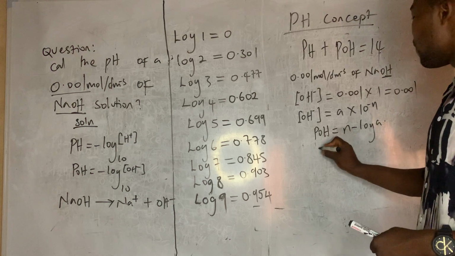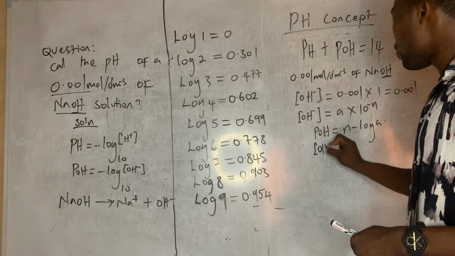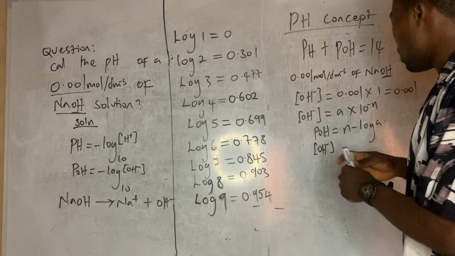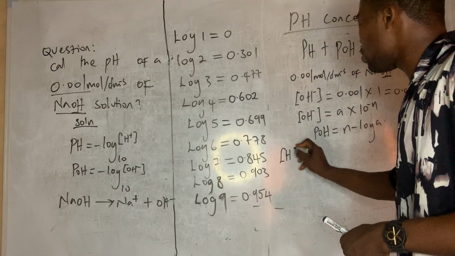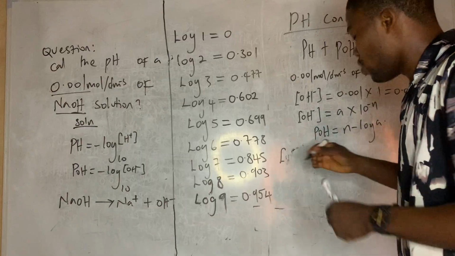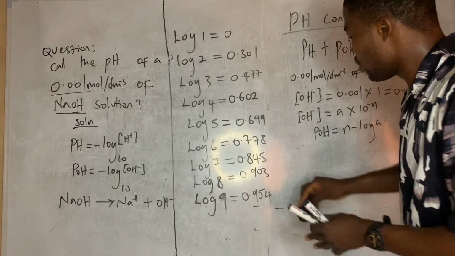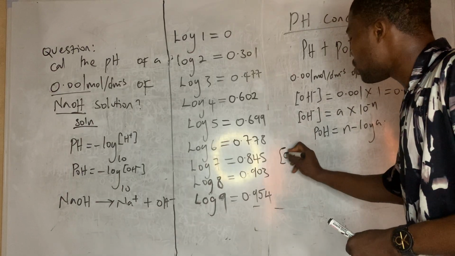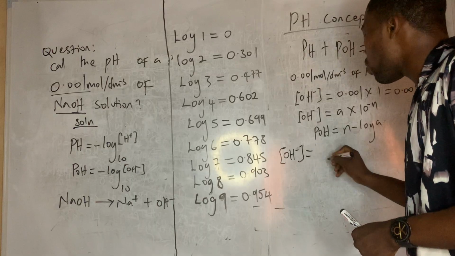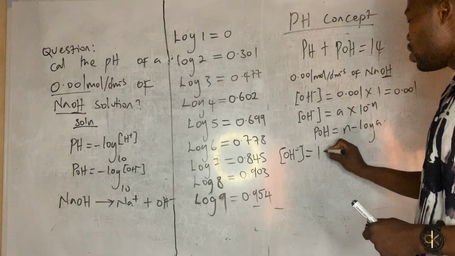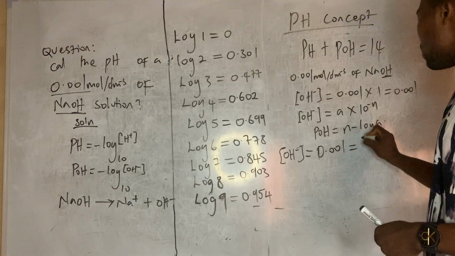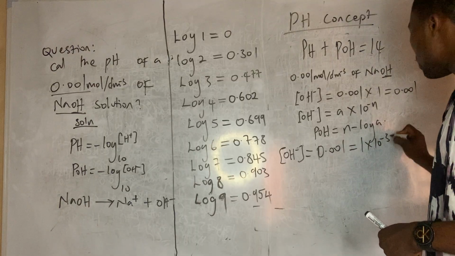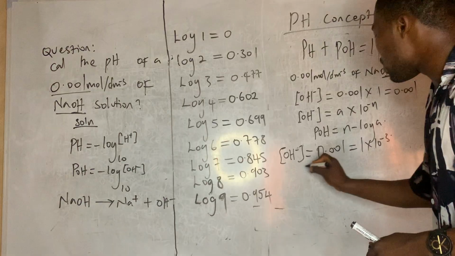First, what is the hydroxide ion concentration? The OH ion concentration is 0.001, which is the same thing as 1 times 10 raised to the power minus 3. So what's our pOH?